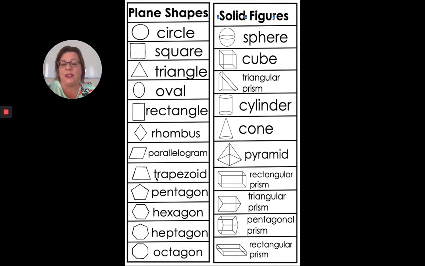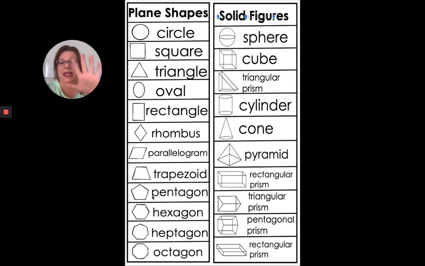That is a trapezoid. It looks like a roof of a house, right? Let's spell trapezoid. Trapezoid.